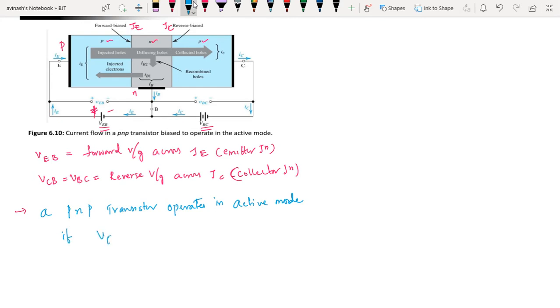If the emitter voltage is greater than the base voltage, which is greater than the collector voltage, for a PNP transistor, then the transistor will operate in active mode. Active mode means JE should be in forward bias and JC should be in reverse bias.